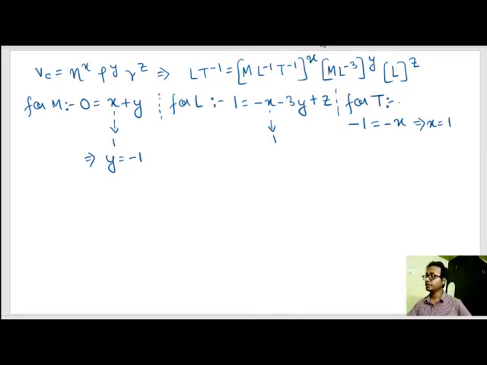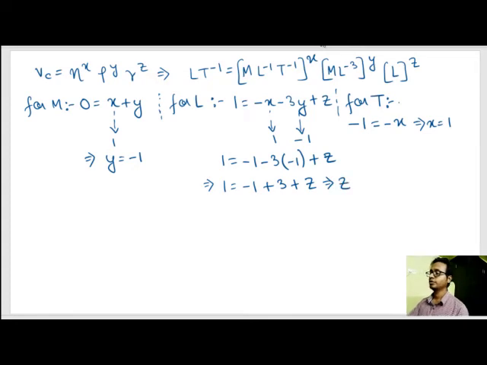We now substitute y equals minus 1 in the second equation. So 1 is equal to minus 1, minus 3 into minus 1, plus z, or 1 is equal to minus 1 plus 3 plus z. So z is equal to 3 minus 1, which is 2, and 2 goes to the left hand side to become minus 1, so z is equal to minus 1.